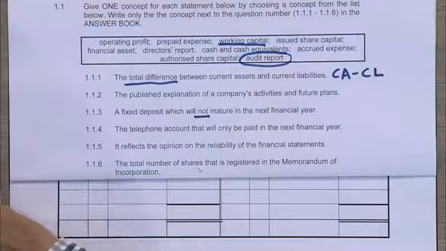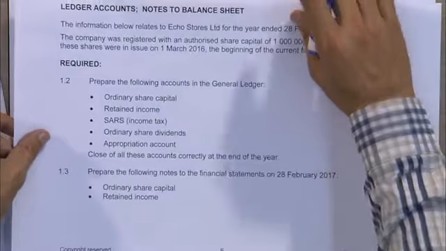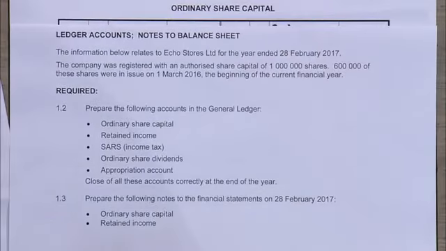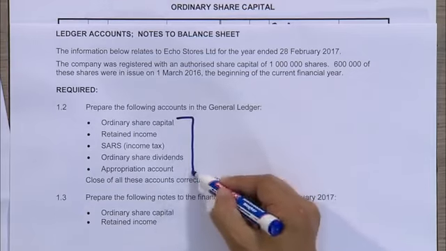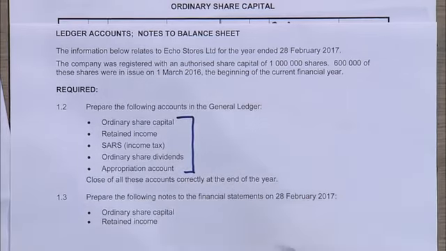Let's move along and see what the rest of the question is asking us. The next part of the question involves ledger accounts, also a few notes to the balance sheet. Here you can see the ledger accounts. These are the ones that we have to open. They will also appear in your answer book.